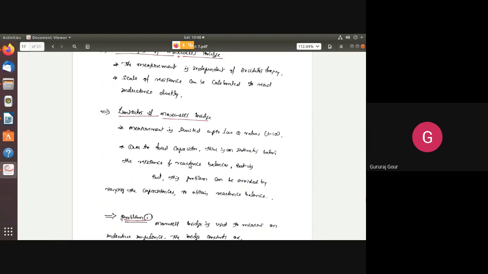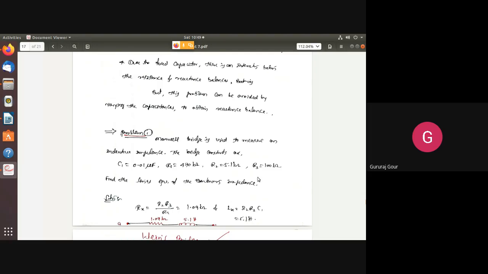If the Q value of the coil which needs to be measured is more than 10, then Maxwell's bridge cannot measure its inductance correctly. Due to the fixed capacitor, there is an interaction between the resistance and reactive balances. But this problem can be avoided by varying the capacitance.